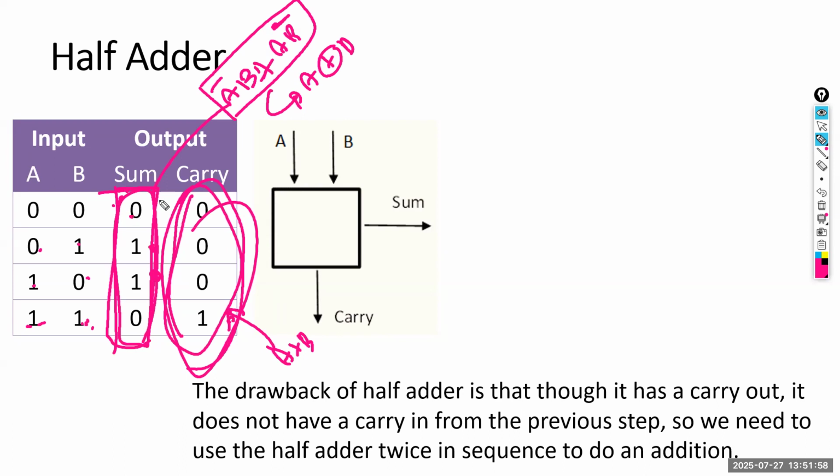So yes, usually we go for the simplest SOP and POS, but when it comes to adders, we use XOR gates simply because it's more compact than going for two AND gates, two NOT gates, and an OR gate. Just one XOR gate will do it.